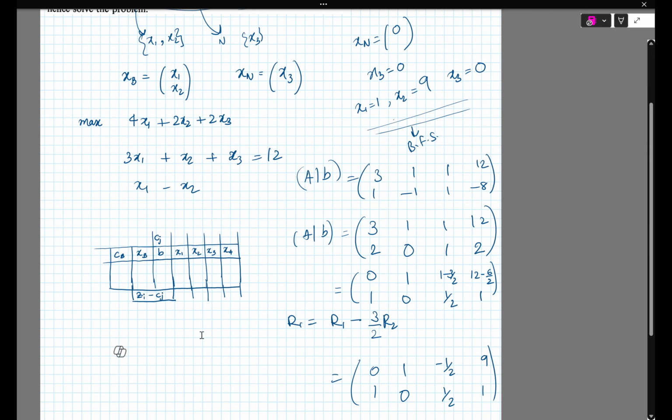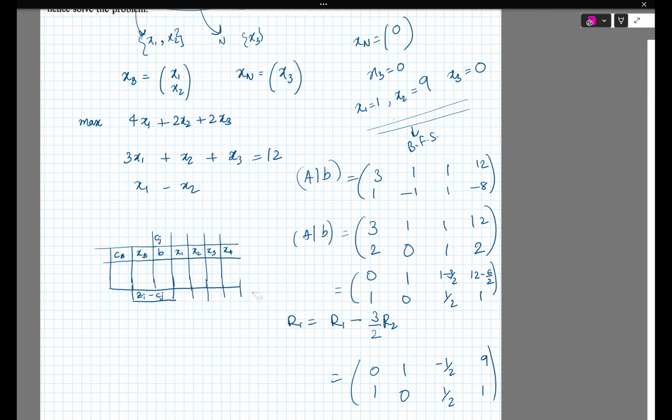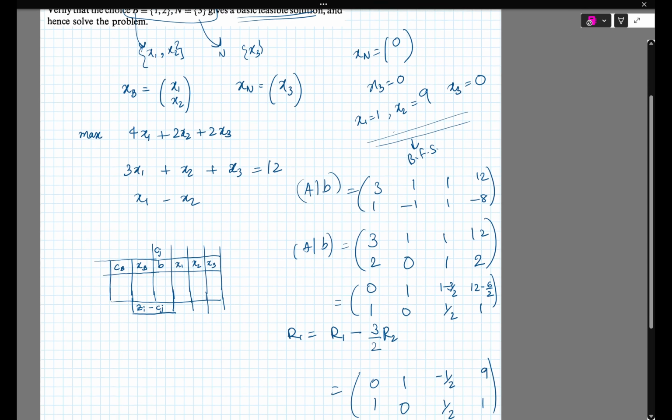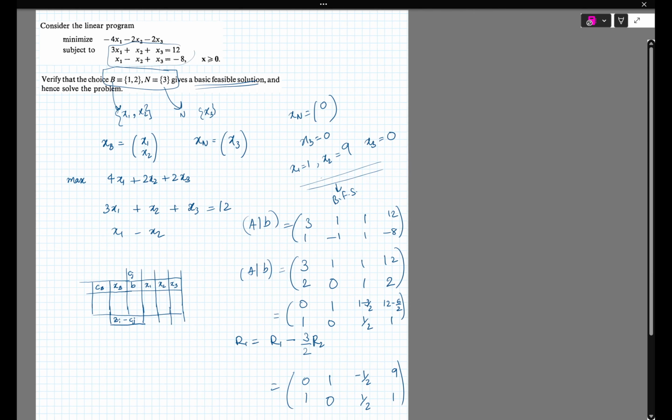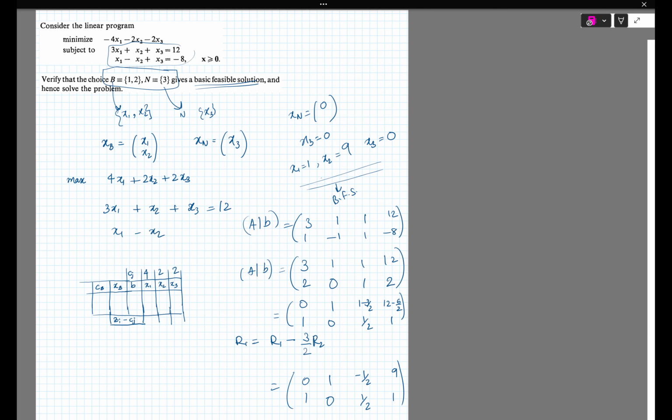So I have only three variables, right? So I don't need anything. So 4, 2, 2, and basic variables are x2 and x1.